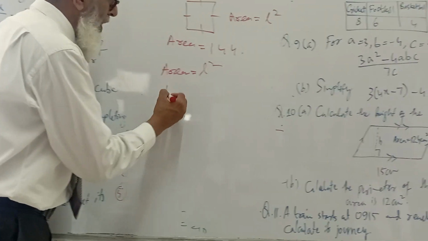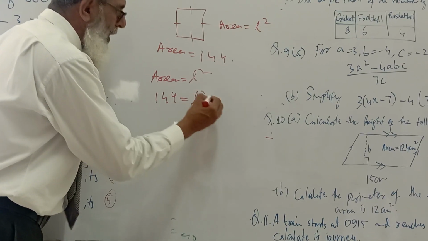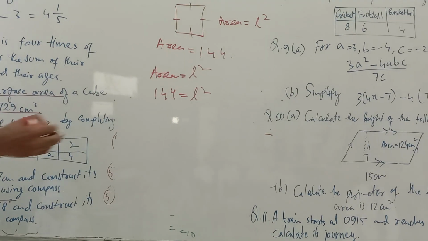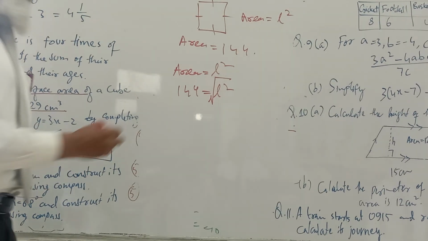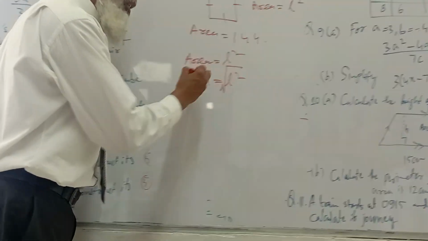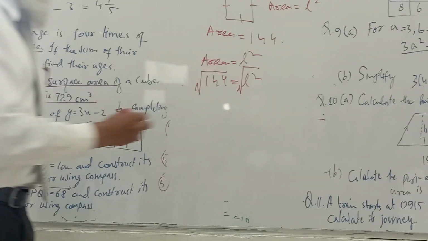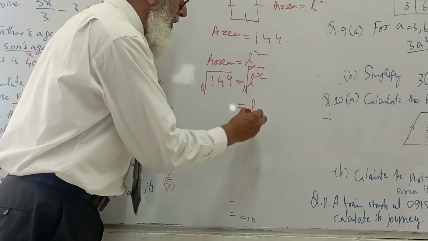So we say that 144 is equal to length square. To remove the square, we take the square root, and we do the same on the other side to keep it balanced. So square cancels square root, and we get length.